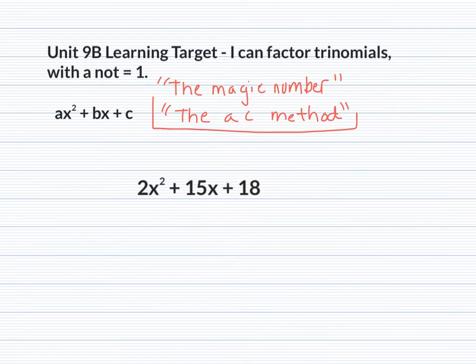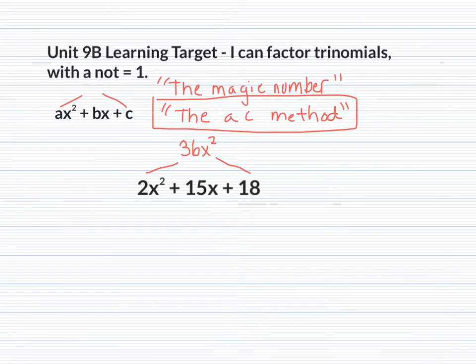The reason we call it that is because the first thing we do is multiply the A term by the C term. So we have an example here, 2x squared plus 15x plus 18. So we are going to multiply 2x squared times 18, and we would get 36x squared.